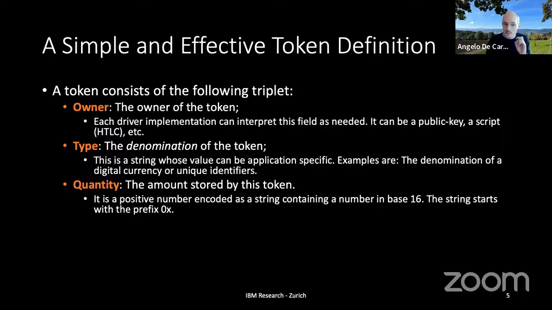We have a token type. It's essentially the denomination of the token, but it's really just a string. So you can put inside this string whatever you want. You can even load the type with a JSON structure representing your non-fungible token. Then we have the quantity that in a sense represents the amount of value depending on the type.